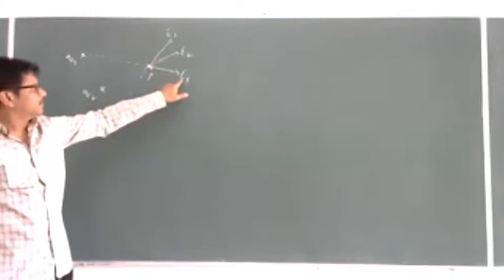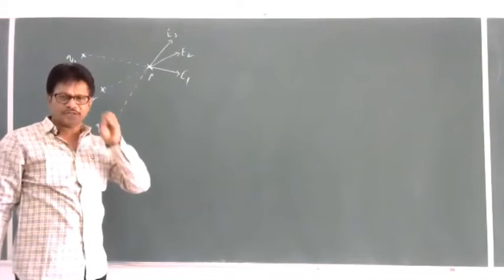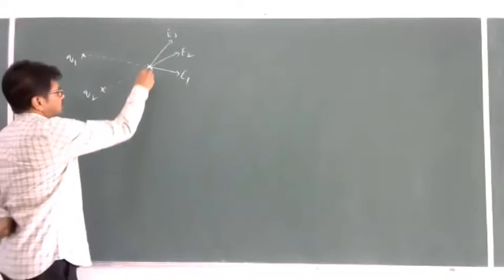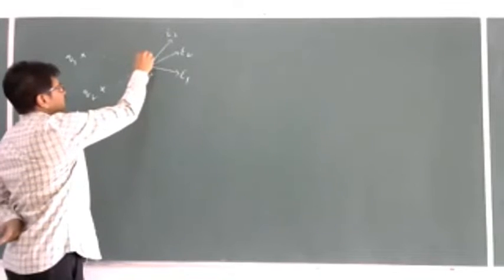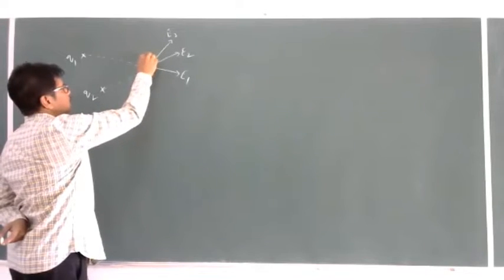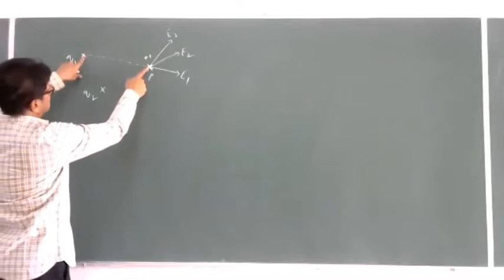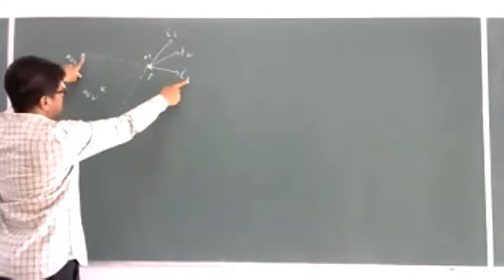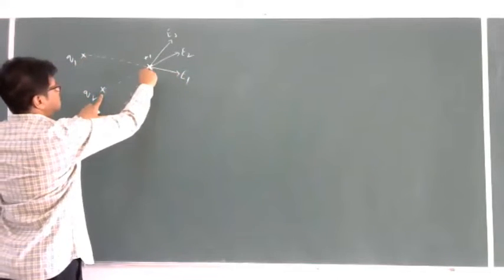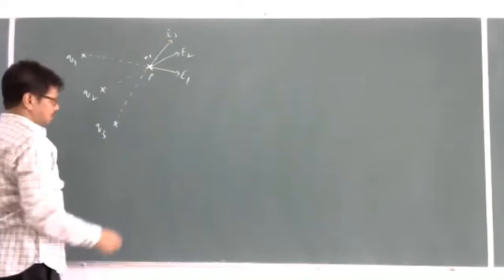Then how to find the values of E1, E2, E3? Yesterday we discussed that whenever you want to find it, we need to imagine one unit positive charge. Between these two, this is positive and this is positive, so the electric intensity is repulsive. This is positive, repulsive. This is positive, repulsive.